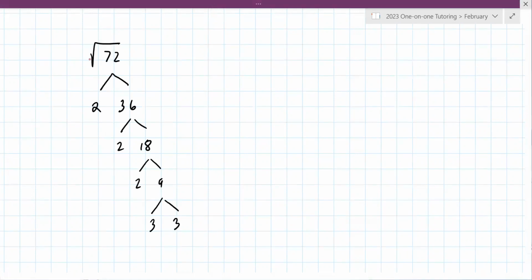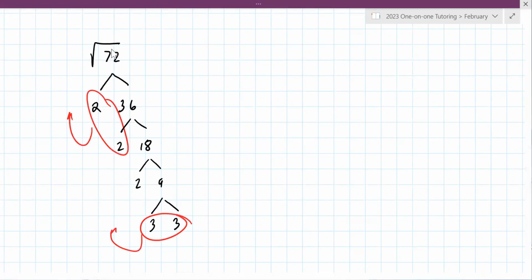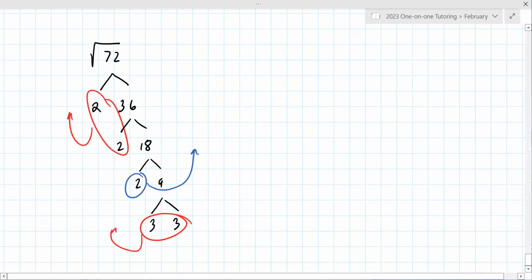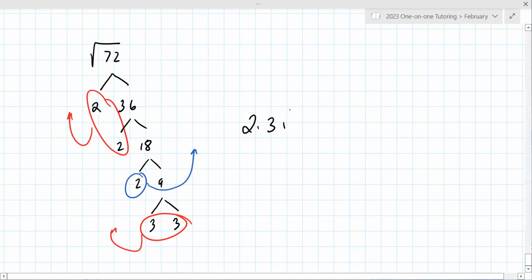So for this problem, a 2 is going to come out and a 3 is going to come out. But the 2 here is going to stay inside here. Okay. And then it'd be 2 times 3 square root of 2.